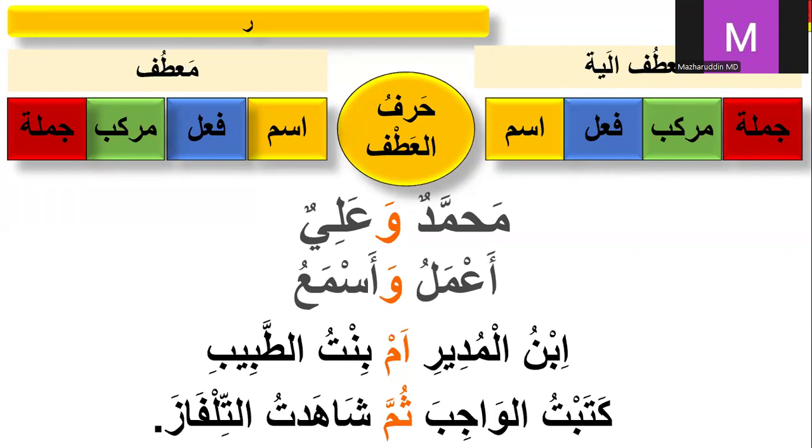This is jumla fi'liya, and this is also jumla fi'liya. So I'm showing you the different kinds of conjunction phrase where ma'tuf ilayhi and ma'tuf can be ism, fi'l, murakkab or jumla, because the function of conjunction is to join words, phrases, or sentences.